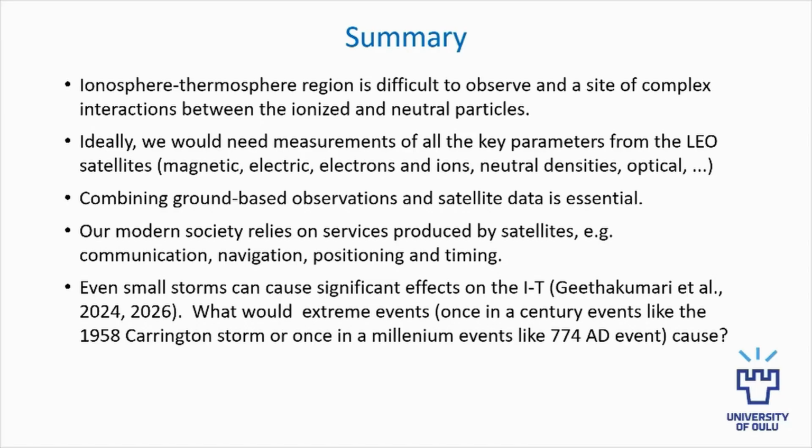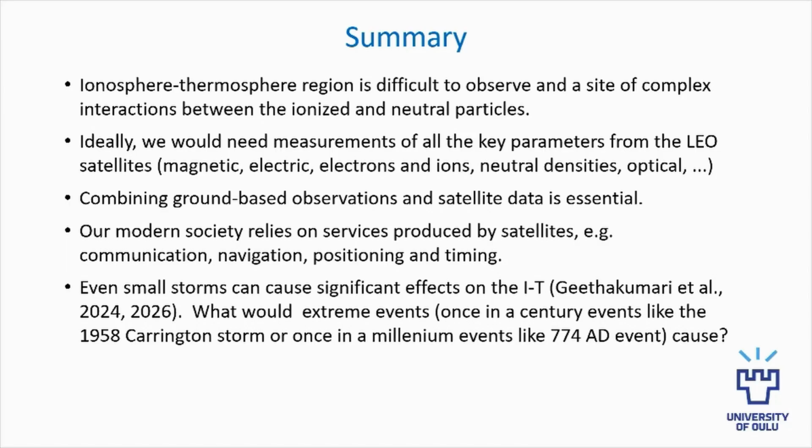Then I would also say that combining ground-based observations and satellite data is essential. And also this ionosphere is now the site of quite many satellites, so it's very important for us to understand what is going on there. And we have shown in some of our papers that even quite small storms can cause significant changes in the ionosphere-thermosphere system.